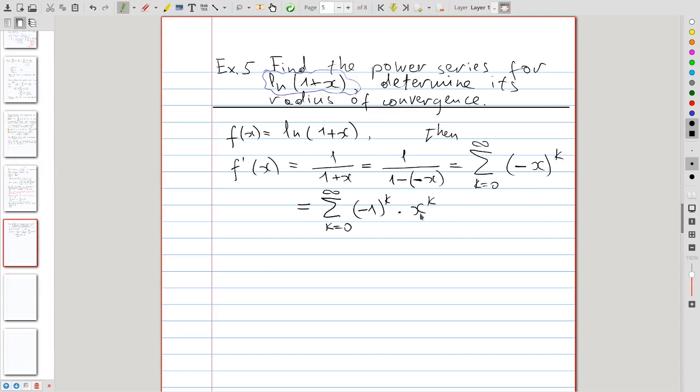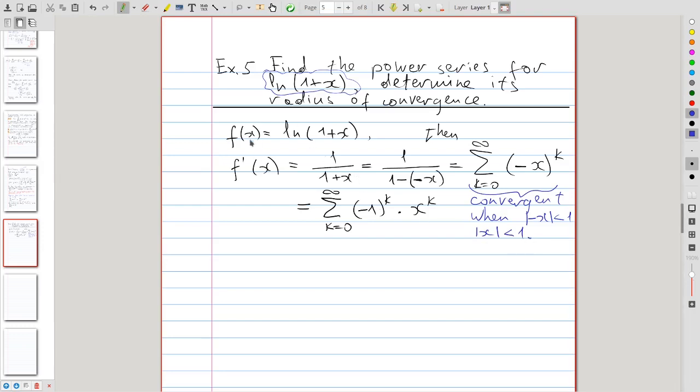It is therefore convergent when the absolute value of r is less than 1, or equivalently, because minus 1 does not change the magnitude of a number, this is the same as to say when absolute value x is less than 1.